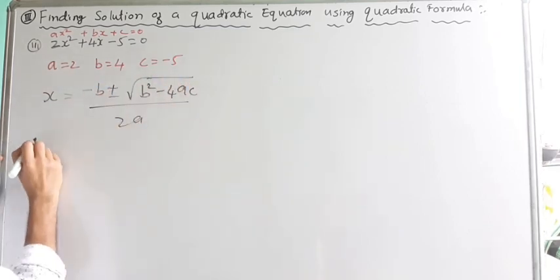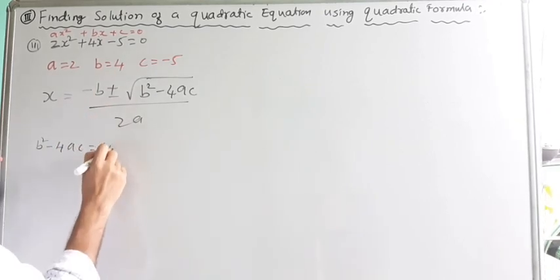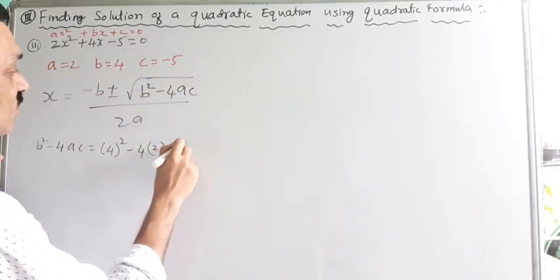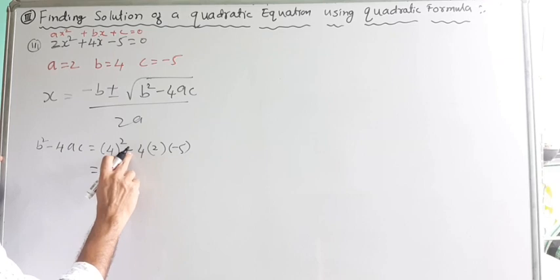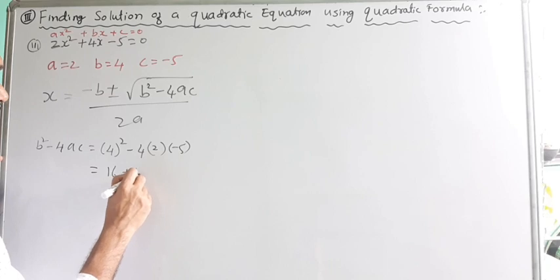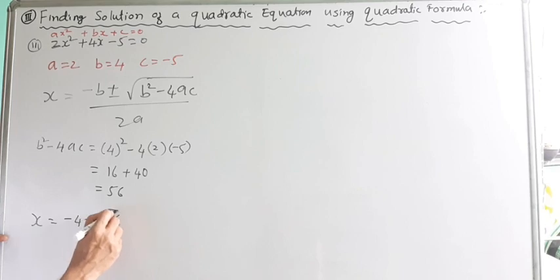I'll solve this part first. b square minus 4ac is equal to 4 square minus 4, a is 2, c is minus 5. This gives us 16. Minus into minus is plus. 4 5s are 20, 20 into 2 is 40. So this is equal to 56.